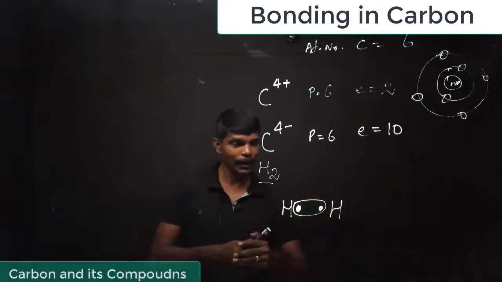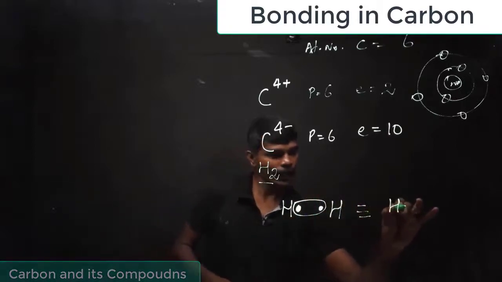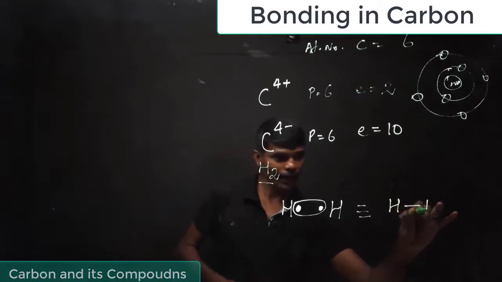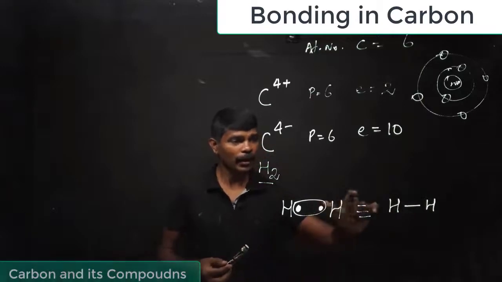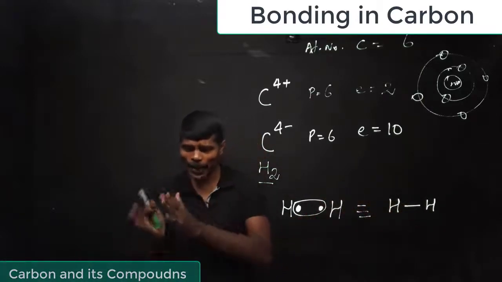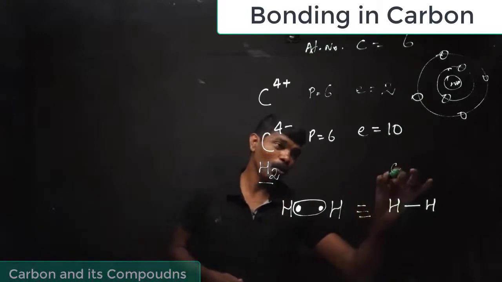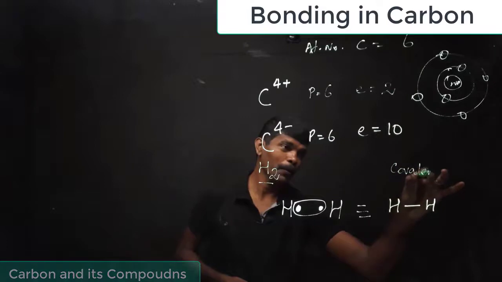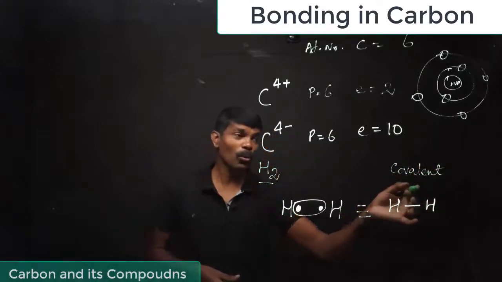it can further be visualized as H, and here we can draw a line. This we call a bond. The bond is formed by sharing of electrons. The bond formed by sharing of electrons between 2 species is what we call a covalent bond, and the molecule so formed is called a covalent molecule.